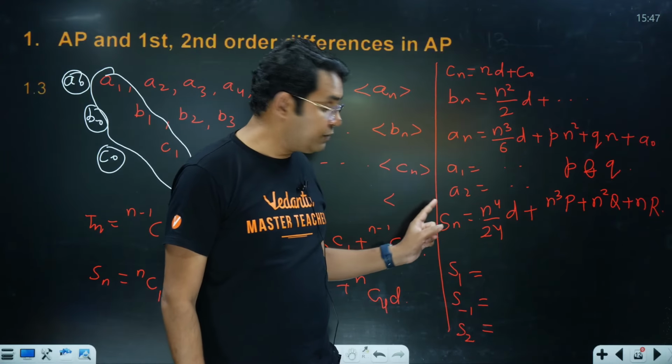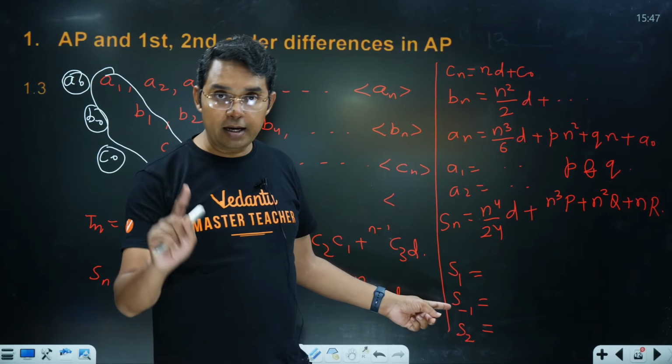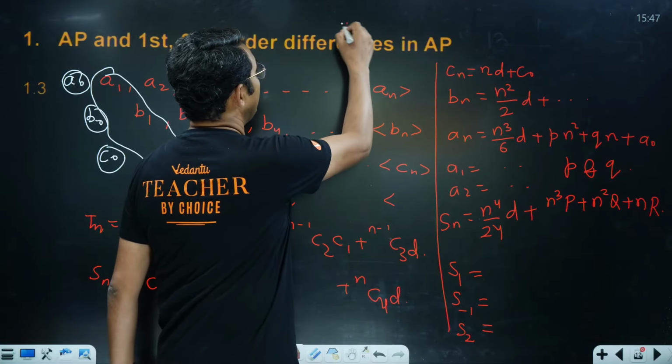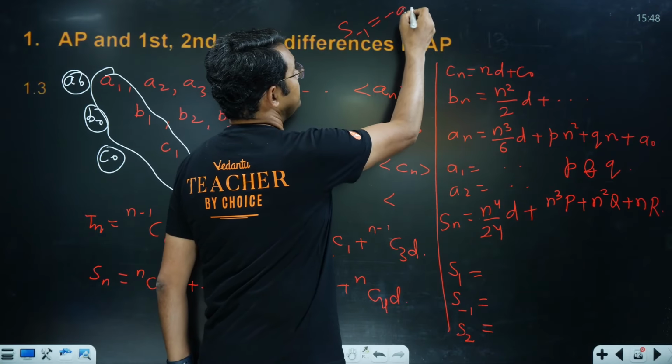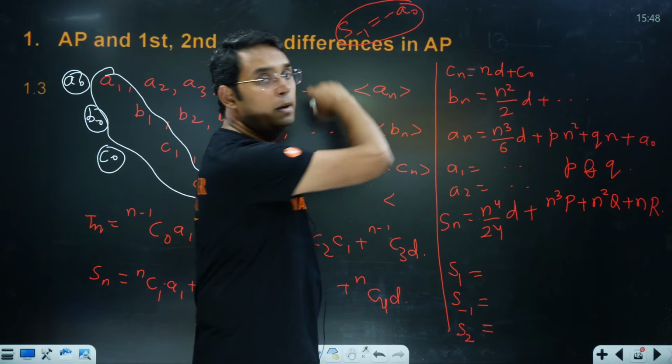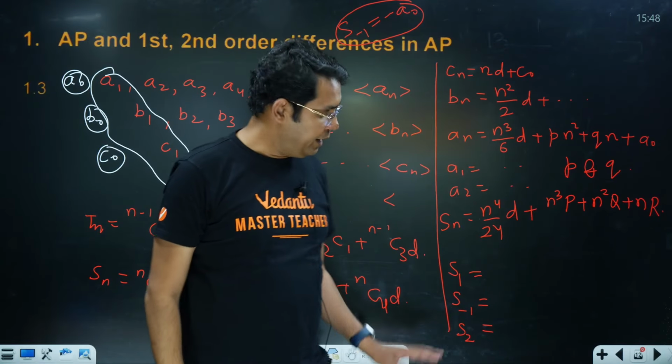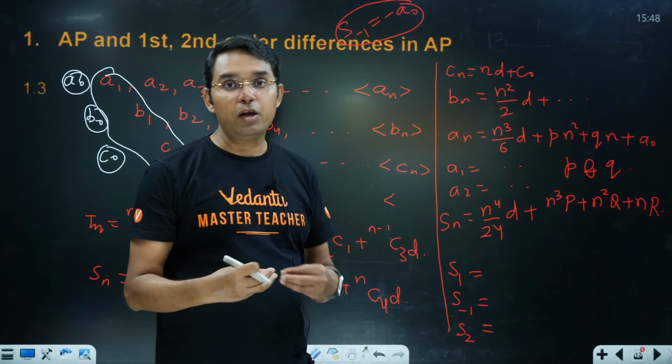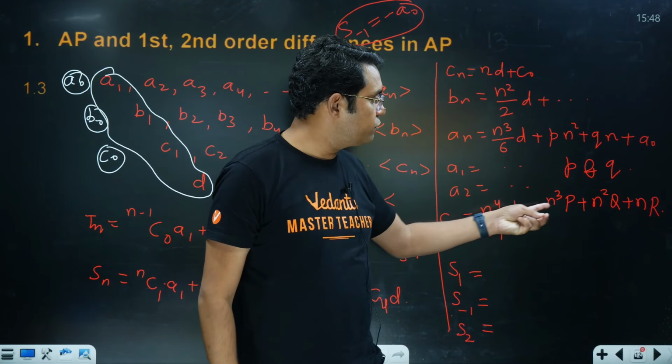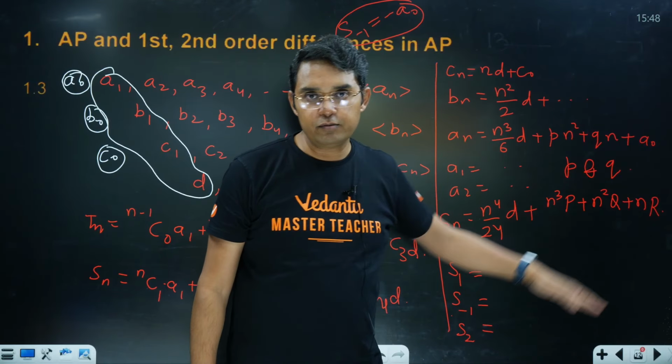For Sn, after writing for Sn, I am asking you to use S minus 1, which will always be equal to minus A0, and that will help you get a better equation to solve, because the coefficients would be just plus 1, minus 1, plus 1 like that.